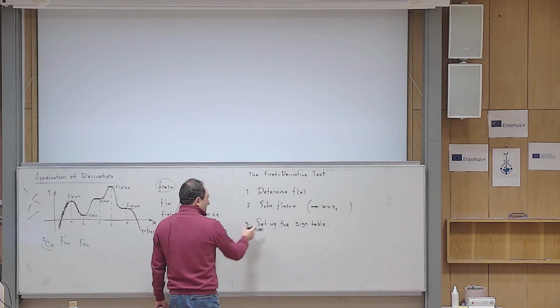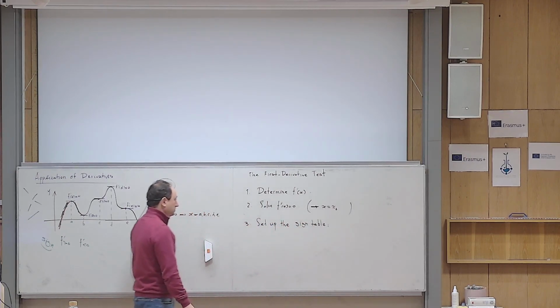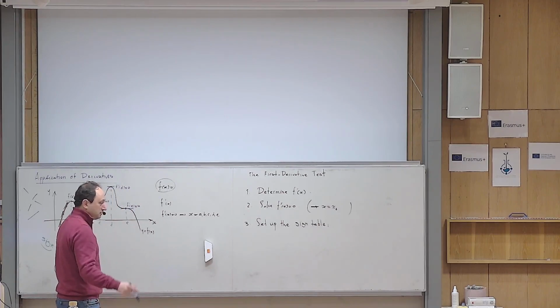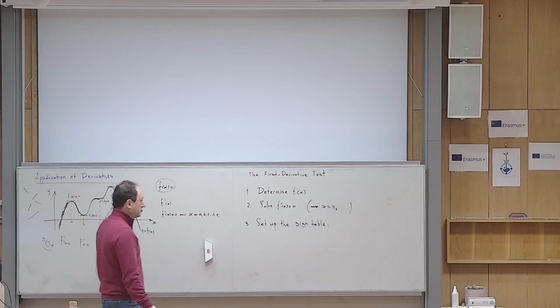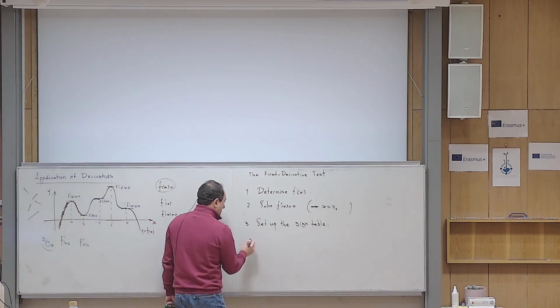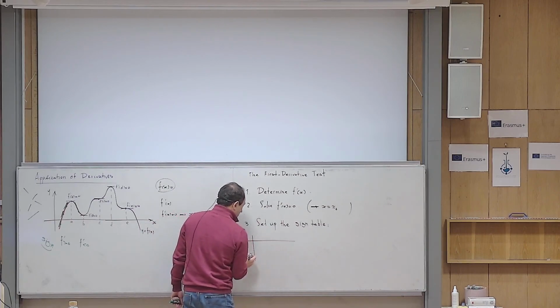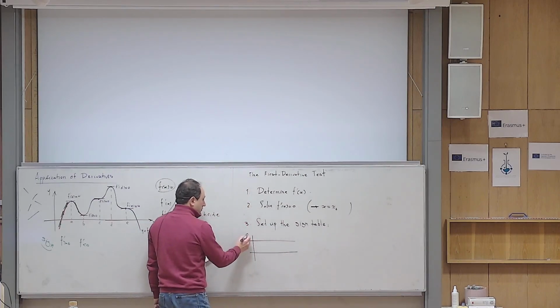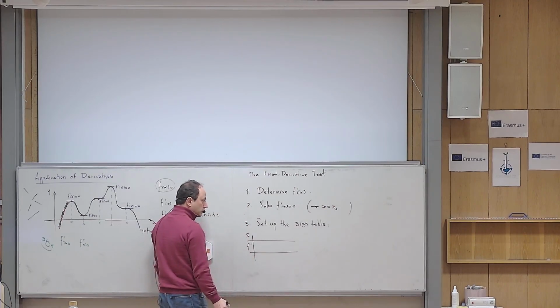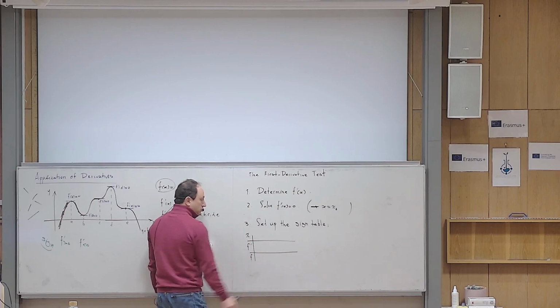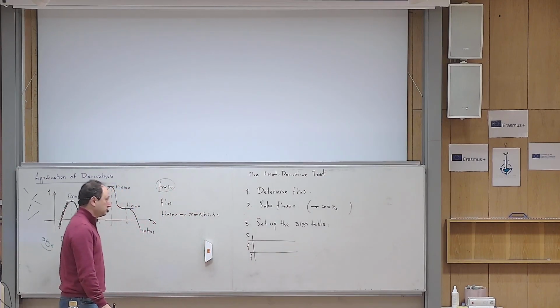Different books have different ways of drawing them. I will follow what is more common. It's not exactly the one in the book, but all of them have 3 rows. The first row is for x by convention. The second row is for the derivative, and the third row is for the function itself.